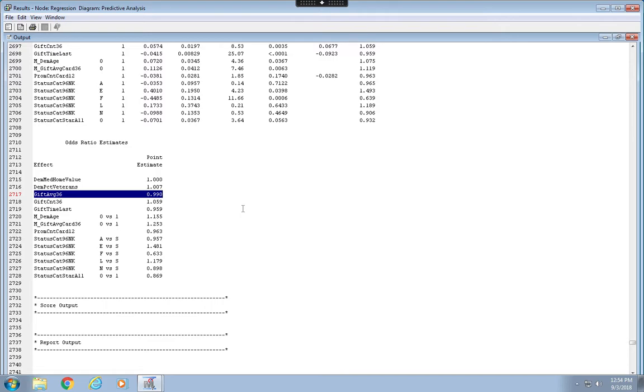0.99. So this means that for each additional dollar donated in the last 36 months, the odds of donation during the campaign period change by a factor of 0.99.